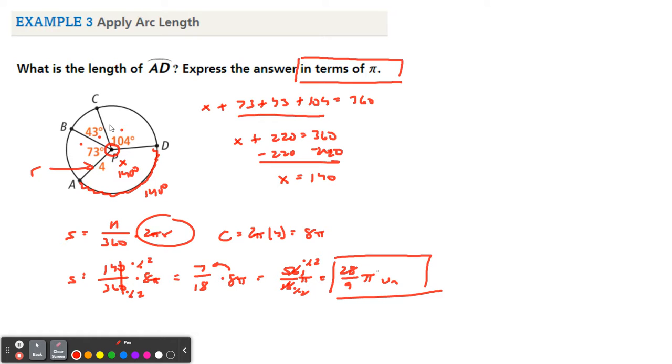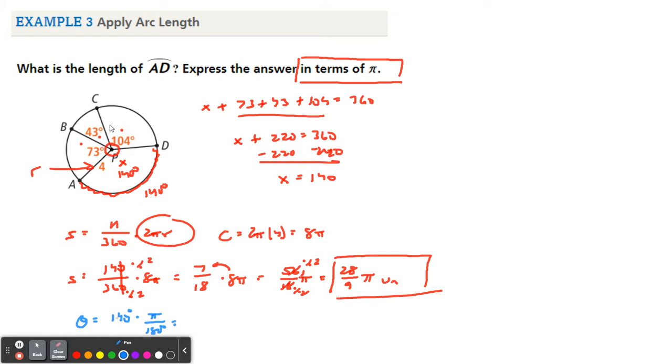And again, if you multiply that out, you would get an actual number, which would probably make more sense to you. Now, I do want to just quickly show you what if it was given to you in radians. So let's convert that angle into radians. And again, you're not going to do very much of this, but just for kicks, because we're honors. So to find my theta, I'm going to take my angle of 140, and I'm going to multiply by that conversion factor. Now this is 140 degrees, so that means I put the pi on top and the 180 degrees on bottom.